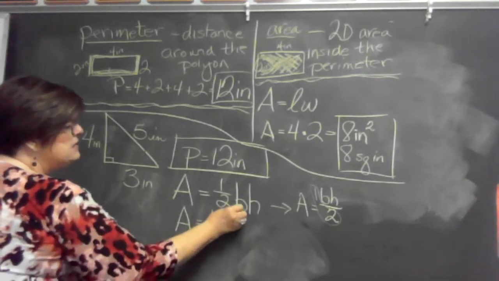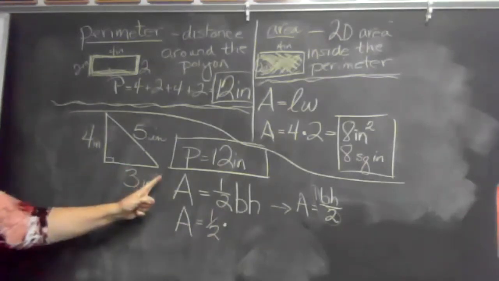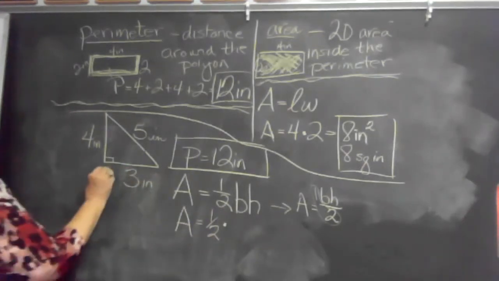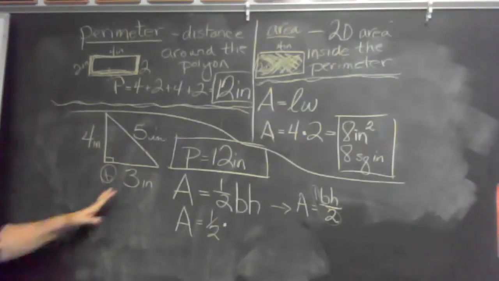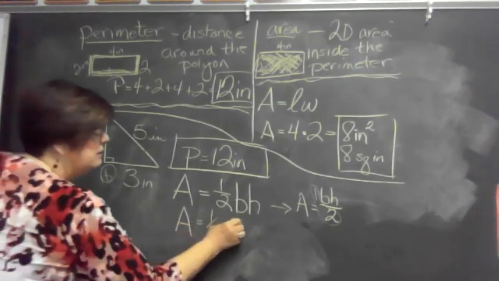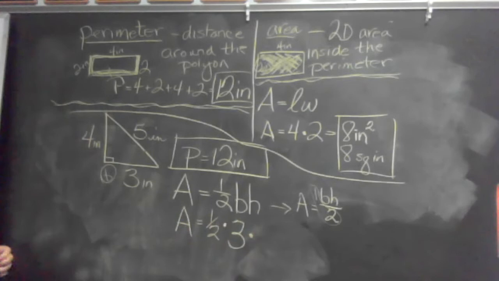B stands for the base. This is the base, times 3, times, and of course, the height is going to be here.